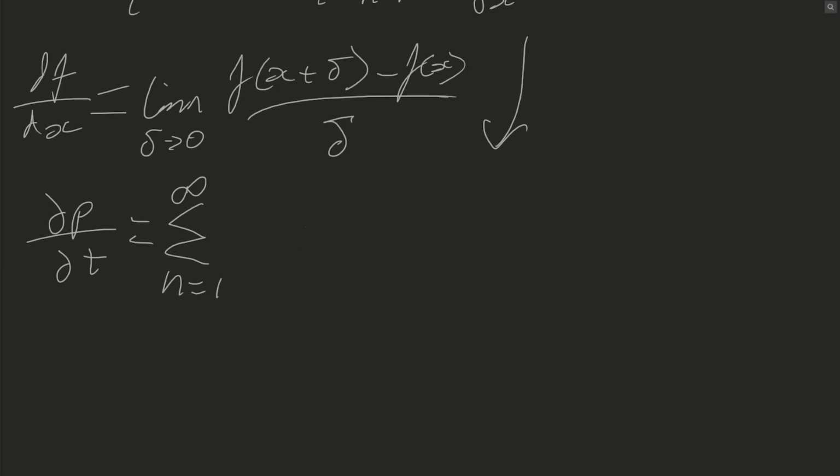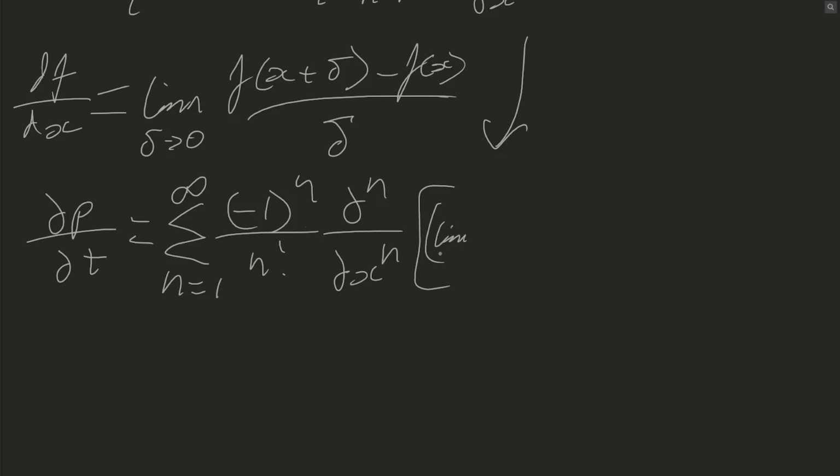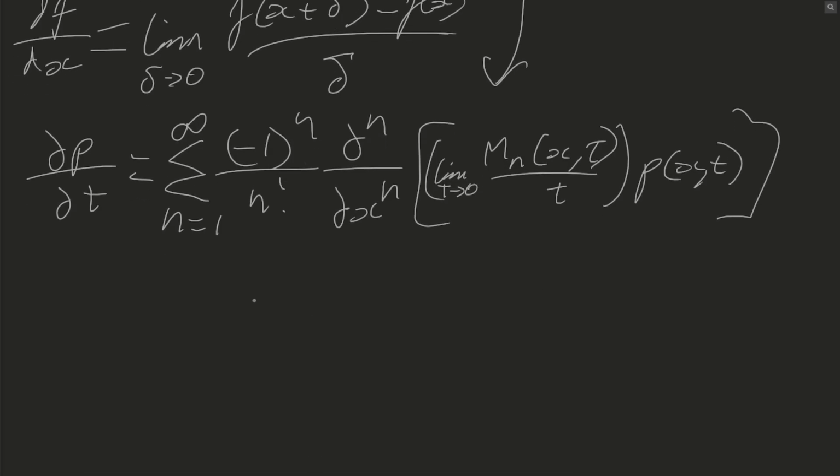So minus 1 to the n over n factorial, nth partial derivative of, now I have the limit as tau approaches 0 of m sub n of x, tau over tau, and I'd really like to work out what that is, so that's what I'm going to do next, but for now we'll just finish writing that.